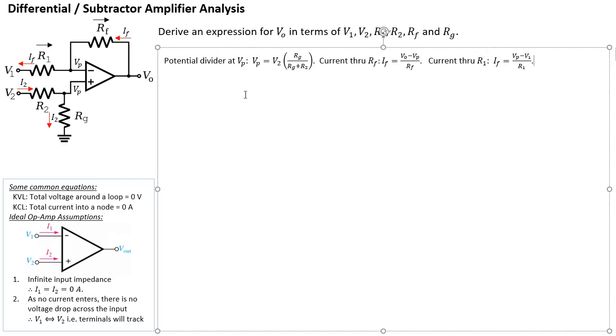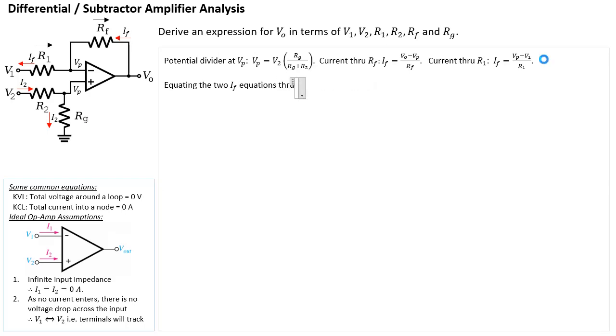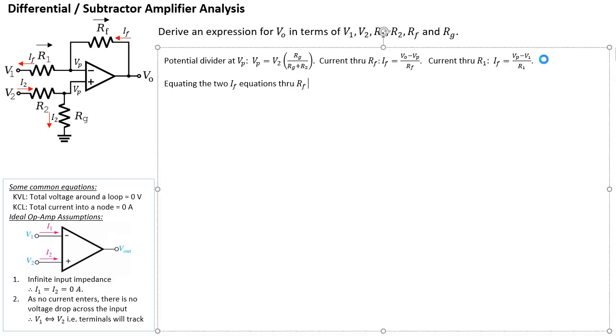So what I'm going to do now is substitute the expression for VP into both of these equations. So first of all, I'm going to equate these two, equating the two IF equations through RF and R1.